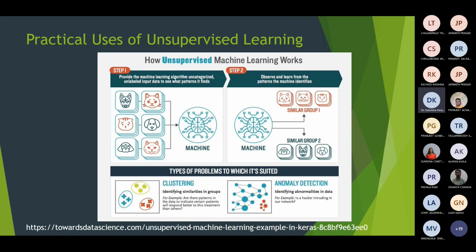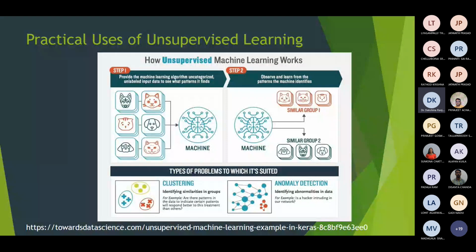Different breeds of cats will have similar characteristics, and similarly, the different breeds of dogs will have similar characteristics, and according to their characteristics the groupings will be done. As I said, if there are more than two animals, then there will be more than two clusters.